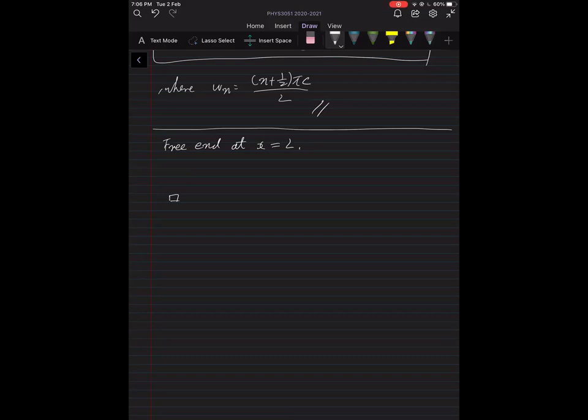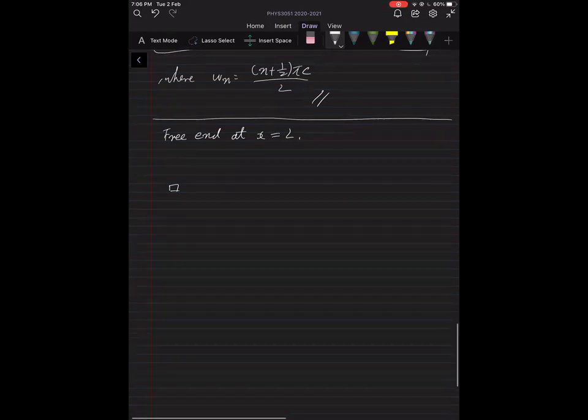Free end means there is no external force at the end here. So if u_x is not equal to 0, then it would mean at the end here there will be some non-zero angle here.